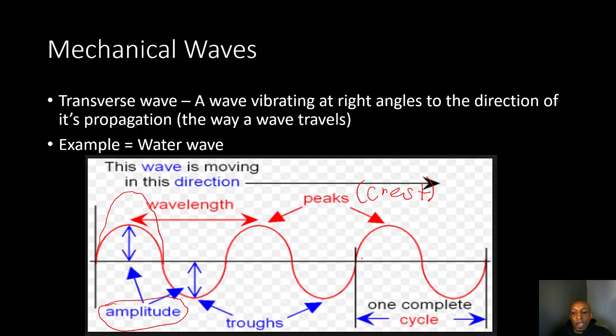In order to have one complete wave cycle, as a rule of thumb, I always like to say up, down, up, and that would be one cycle. So if we look at this wave right here, up, down, up, there's one cycle, up, down, up, there's two cycles, up, down, up, there's three cycles. So that means you have three complete waves in this wave train.